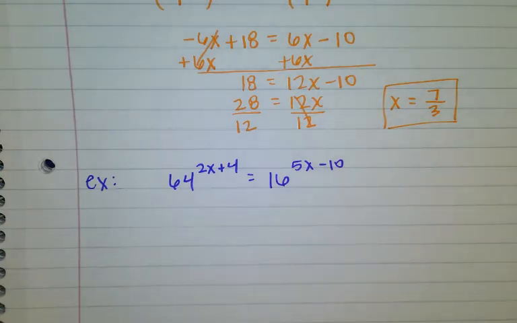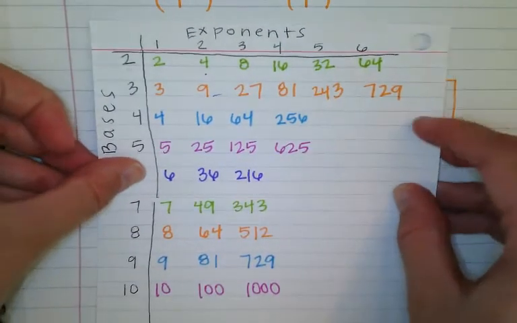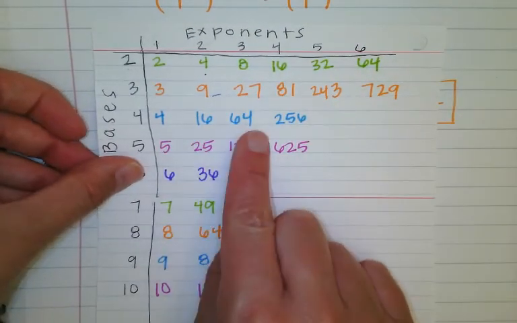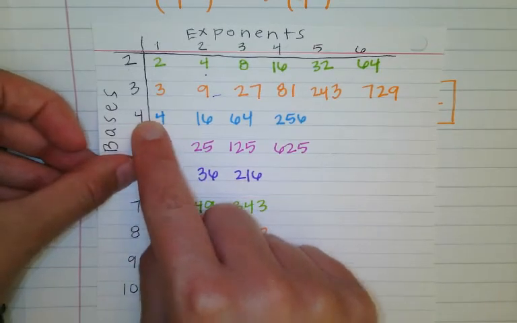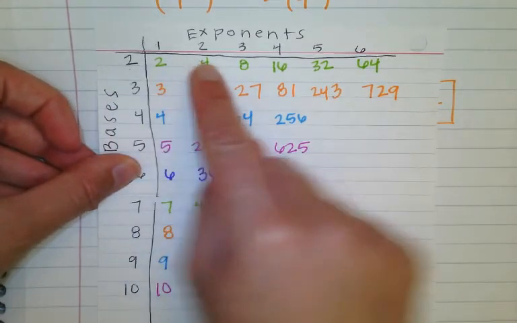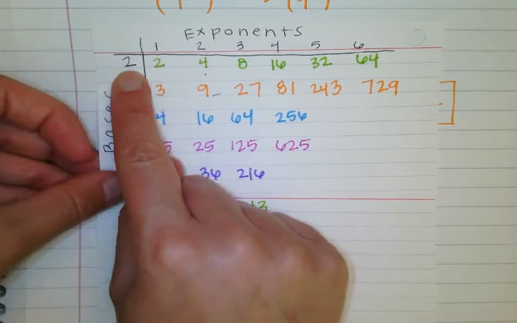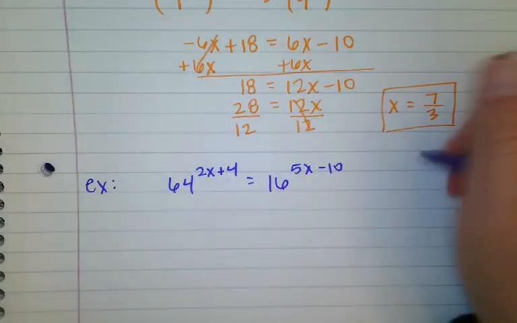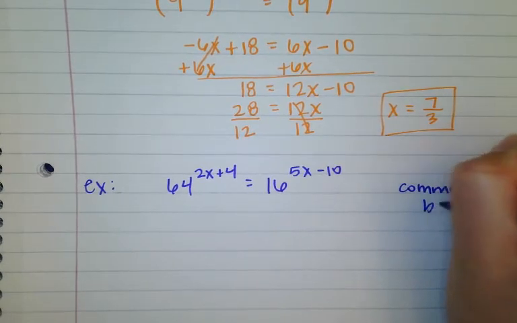So you'll see these come up 2 times on the note card. You'll see 16 and 64 could both come from a common base of 4. But I said let's go ahead and see what happens if you pick the small base. So here 16 and 64 could also come from 2. I'm going to choose 2 as my common base.